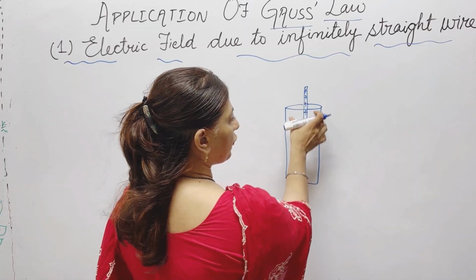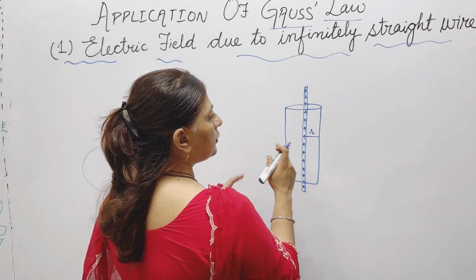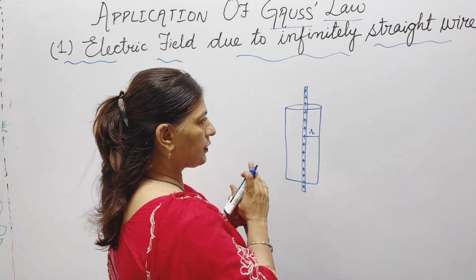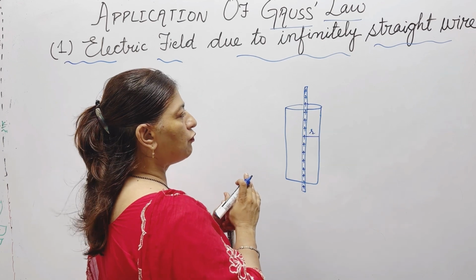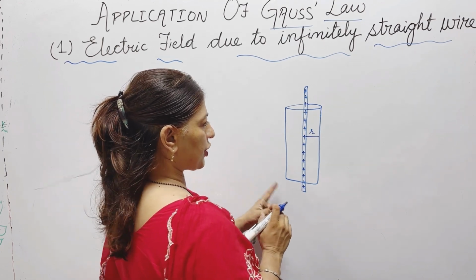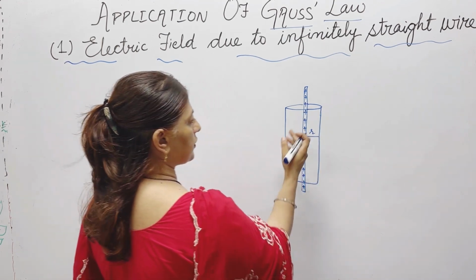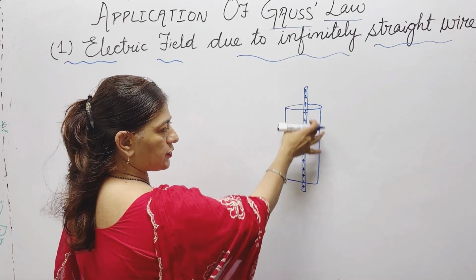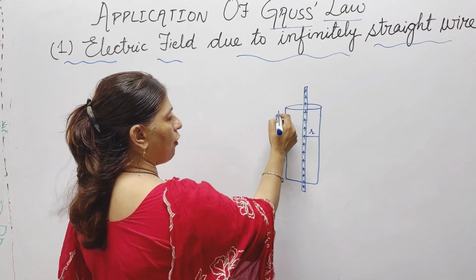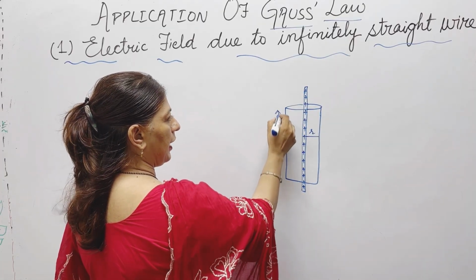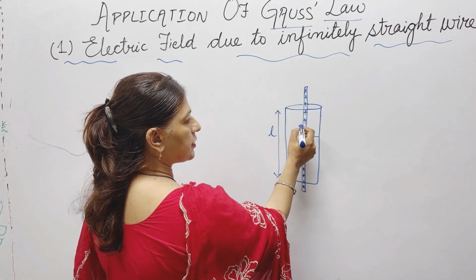Because of the shape of this wire, the symmetrical Gaussian surface around it will be cylindrical. So that is why we have considered a cylindrical Gaussian surface around this of length L, and it is at a distance r.